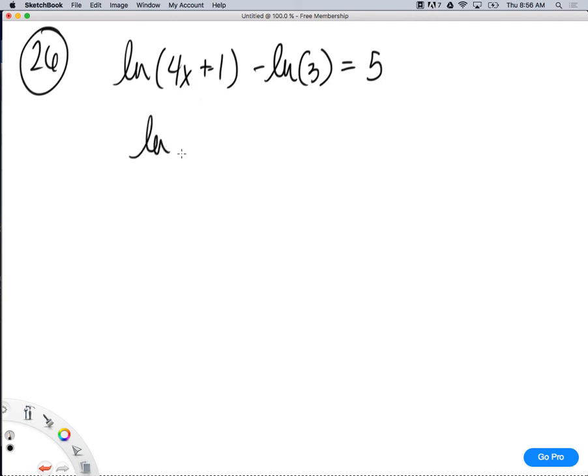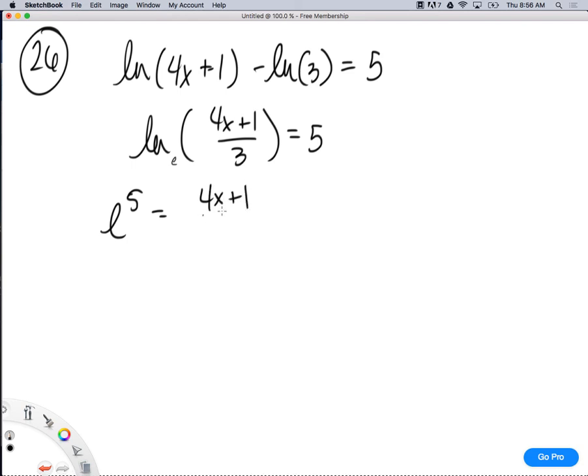I'm subtracting, so it's division, yeah. 4x plus 1 over 3 equals 5. The base implied here is an e, so then I know it's e to the 5th equals this whole thing, which is e to the 5th equals 4x plus 1 over 3.